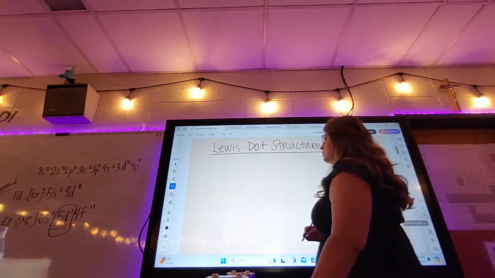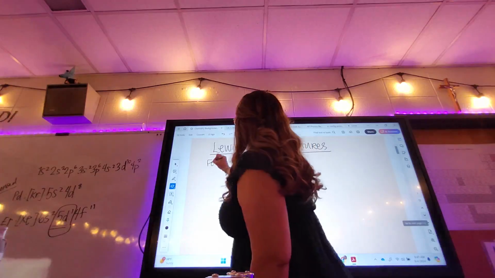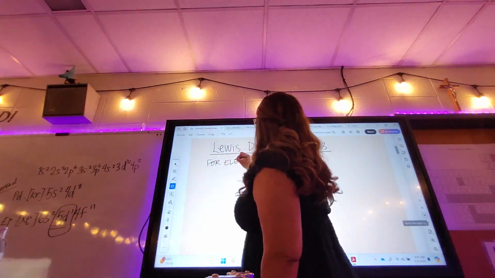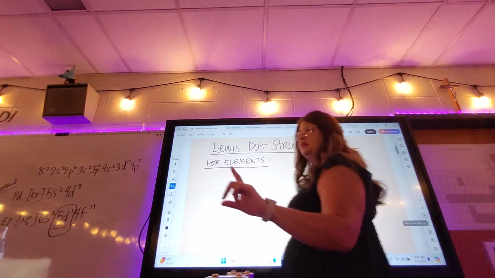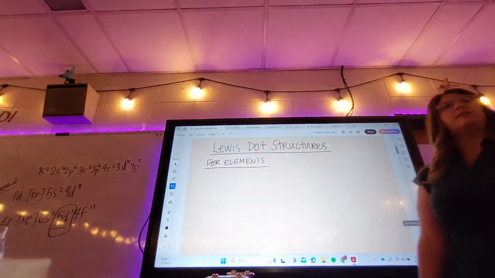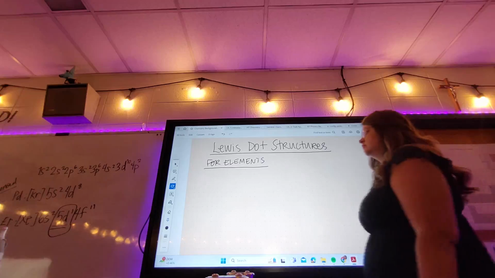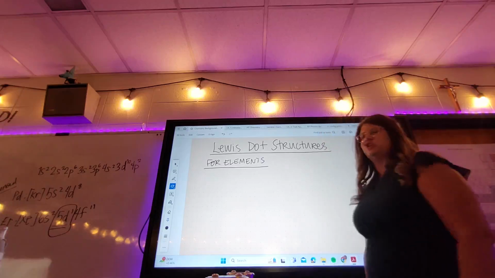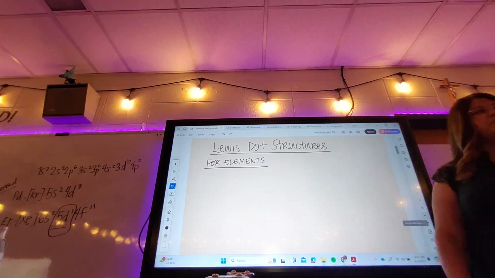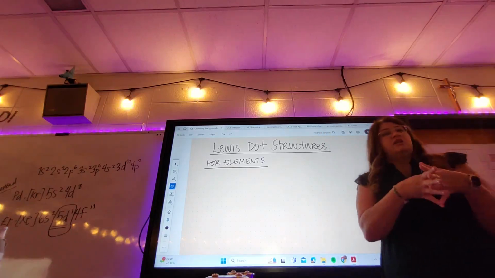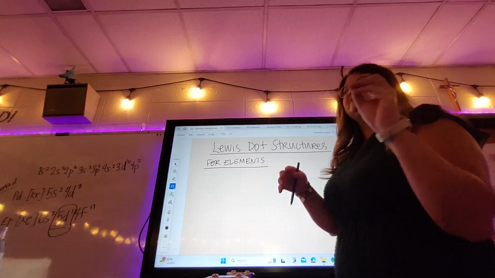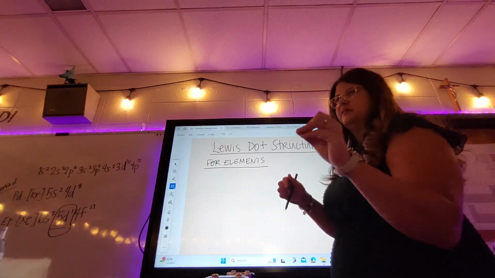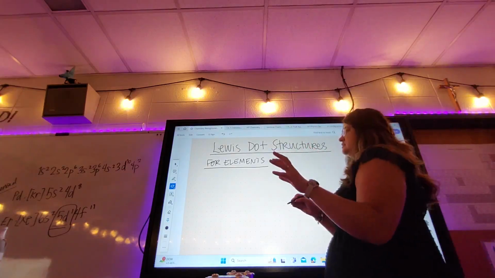Okay, so I'm going to teach you how to do this for elements first. So we're going to start with the easiest, most basic thing, and then we'll just get more and more complicated. Okay, so a Lewis dot structure really just shows you what's happening in the outermost shell of the electron configuration. But it's less complicated than the electron configuration actually is.